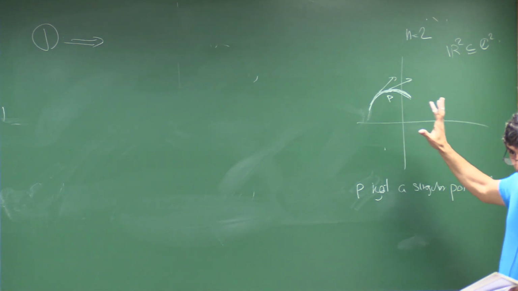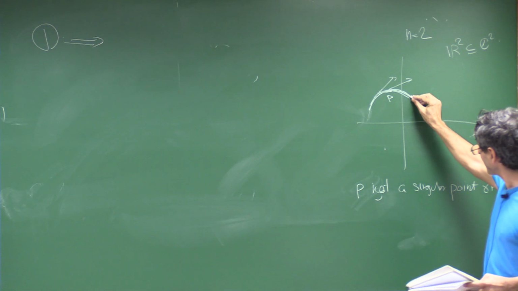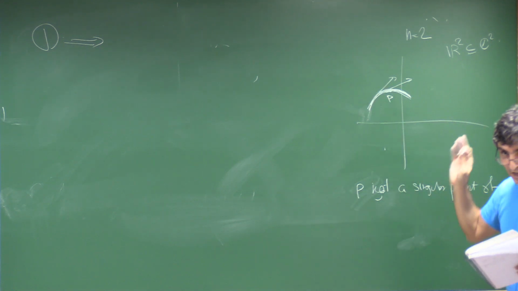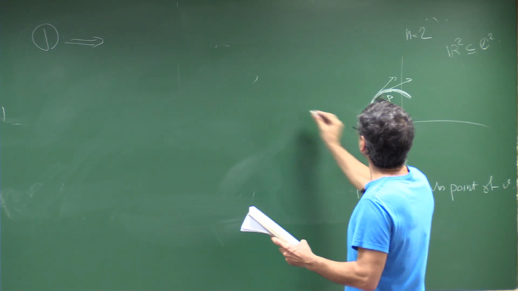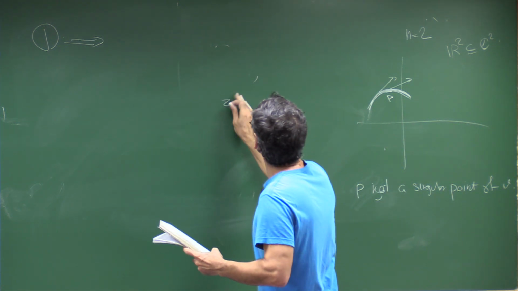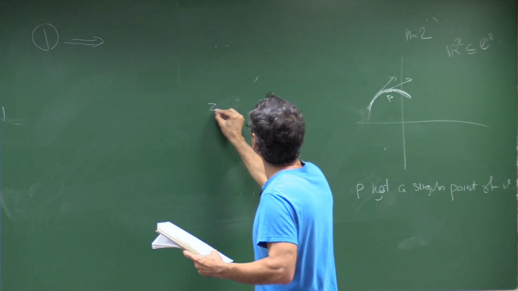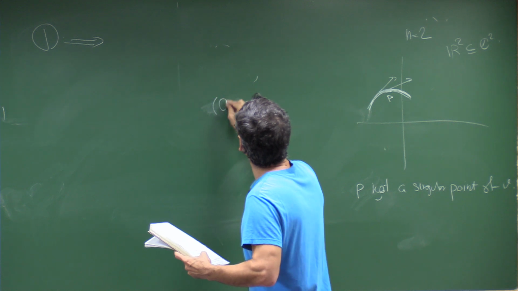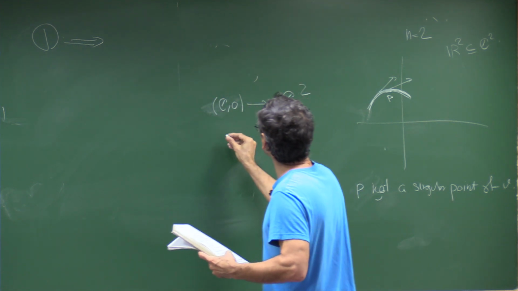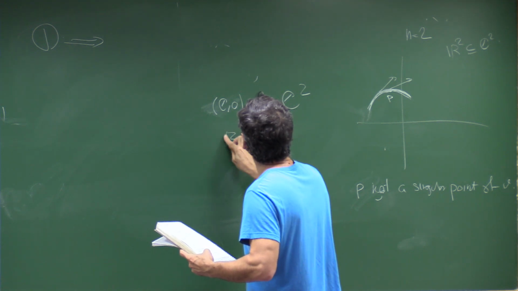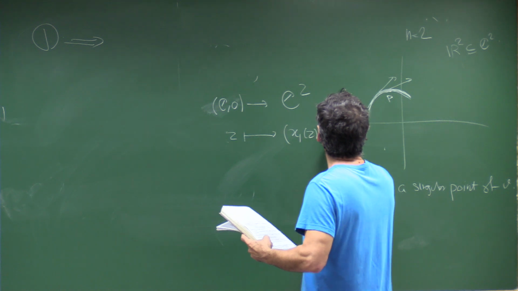There are two algebraicity notions going on. First of all, the curve itself is algebraic. Second, they have this solution, with derivations with respect to some parameters Z. Let's say you have some map from C0 to C2, Z going to X1(Z), X2(Z).